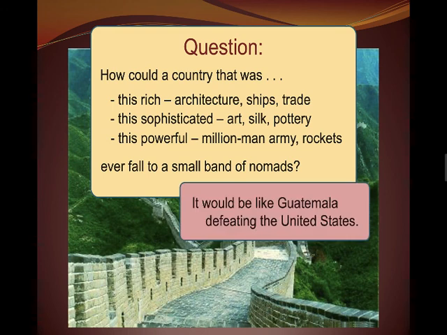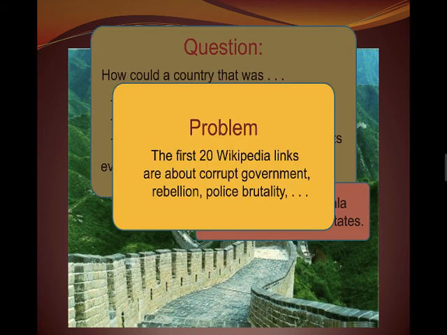I mean, it would be like Guatemala defeating the United States. I picked Guatemala because it's roughly the same proportion of population and wealth as the Manchus north of the Ming Dynasty and the Ming Dynasty.